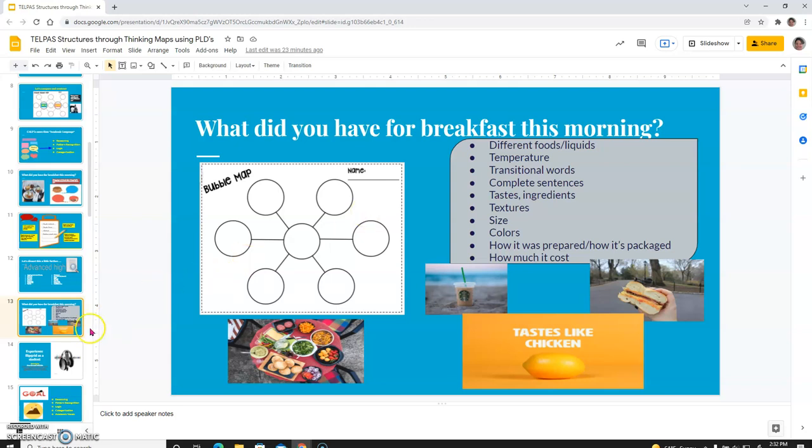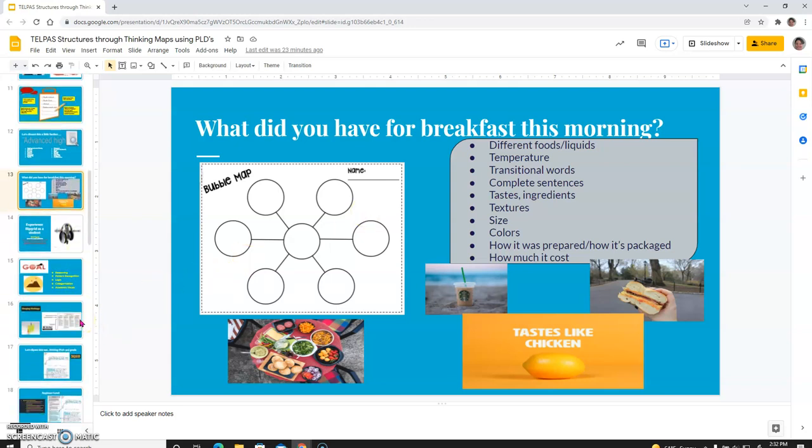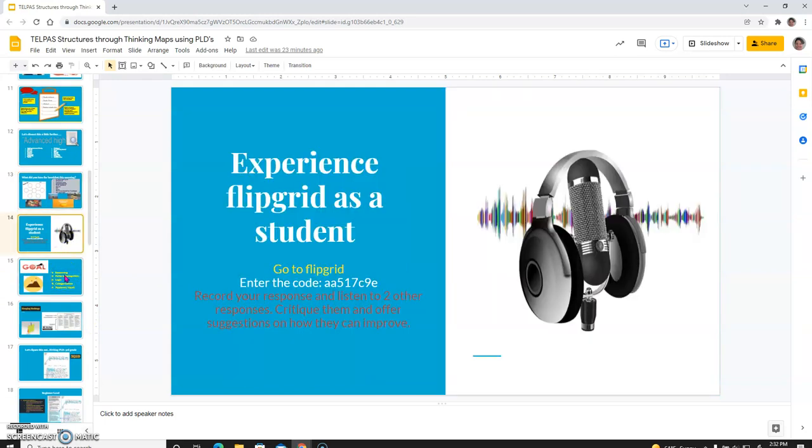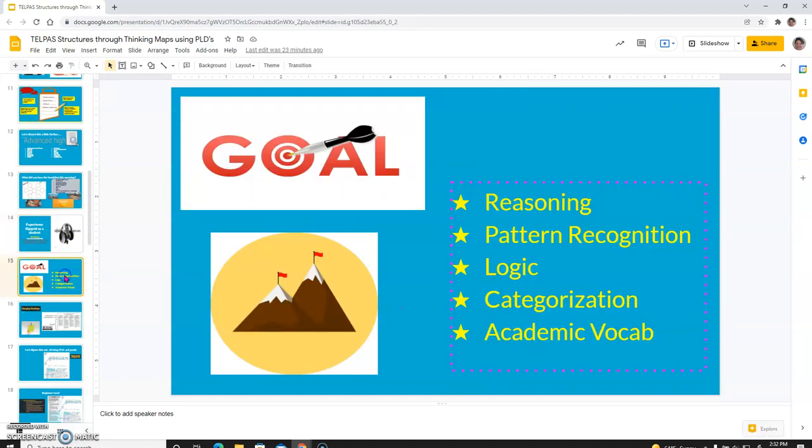So this is the point of staff going through the experience of what usually Flipgrid is like for a student, or what TELPAS, the speaking part, is like. Because not only are these our goals, we also have to consider the affective filter. A lot of the times when we hear our voices for the first time, we freak out. So imagine kids.